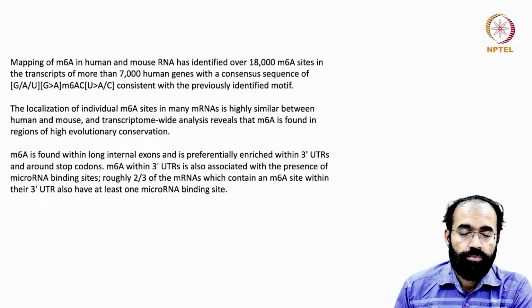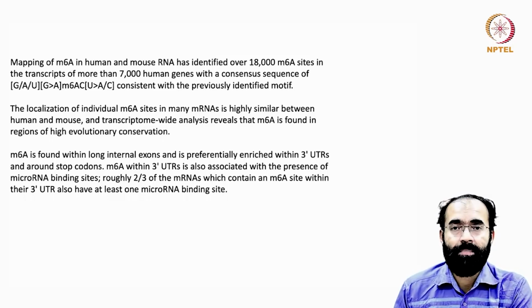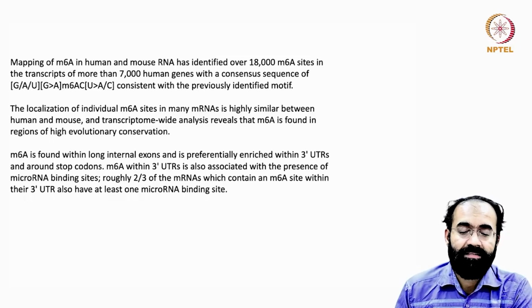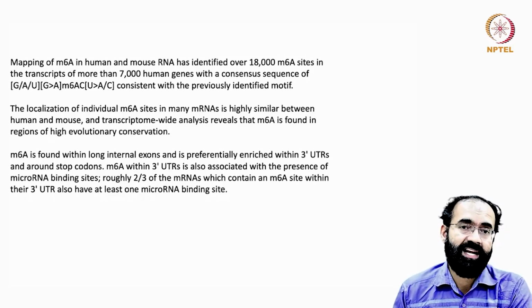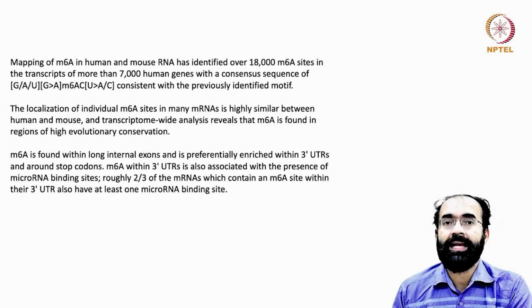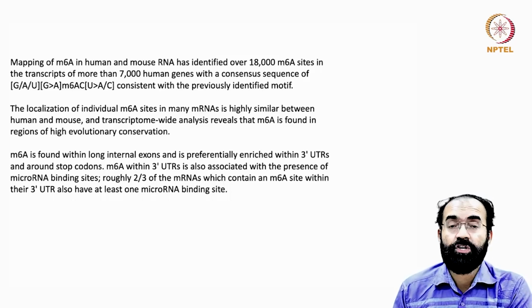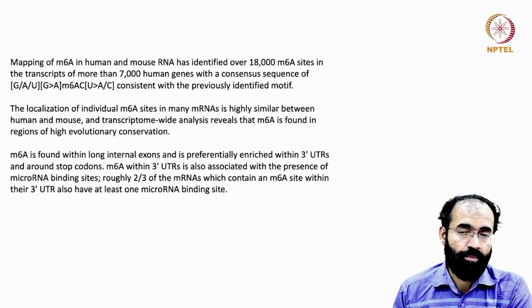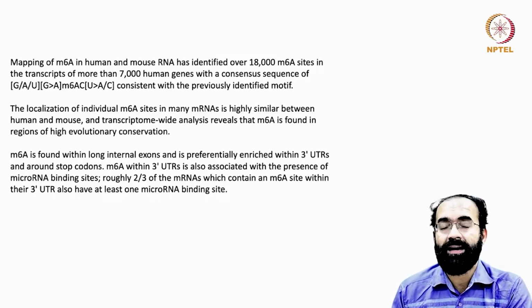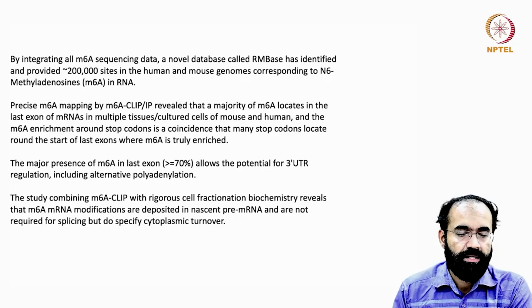Roughly 2 out of 3 mRNAs, if you have 3 mRNAs, 2 of them, which contain an M6A site within their 3' UTRs, also have at least 1 microRNA binding site. So it is a strong correlation. If M6A methylation is possible, the majority of them, 2/3 of the total population of mRNAs, also have a microRNA binding site.